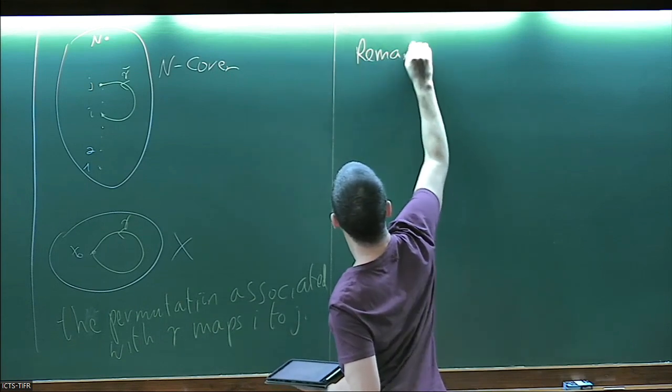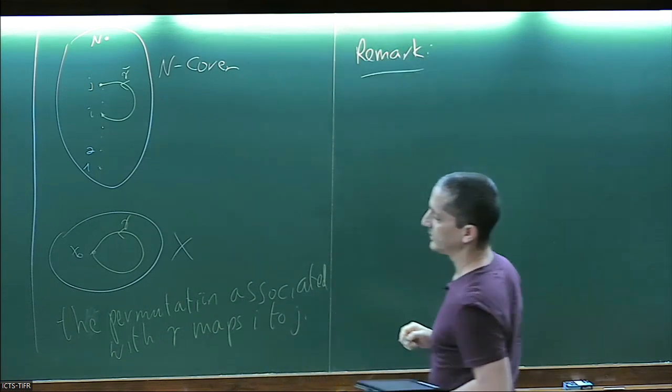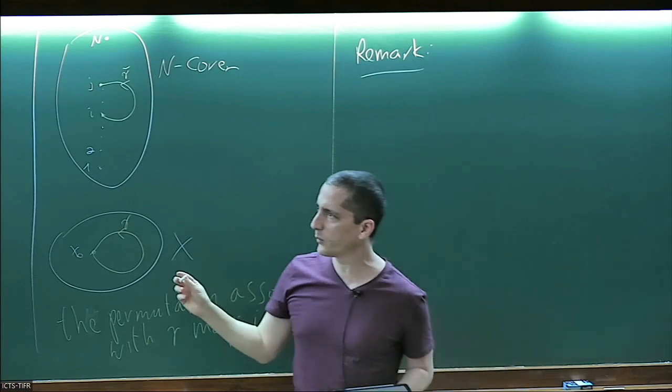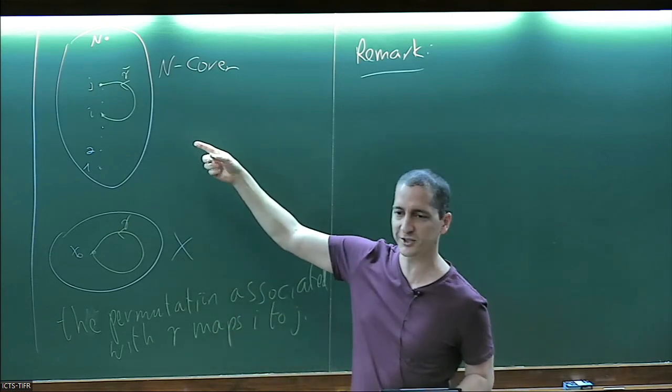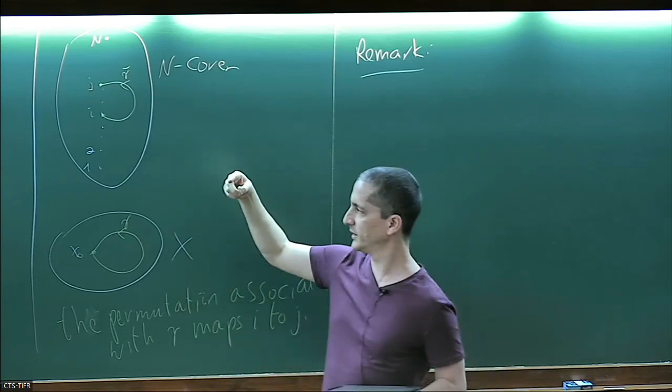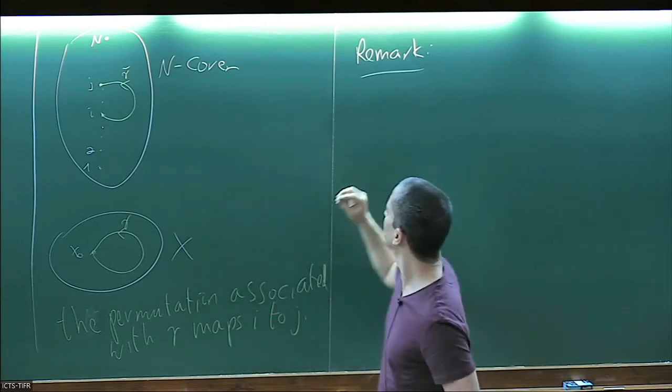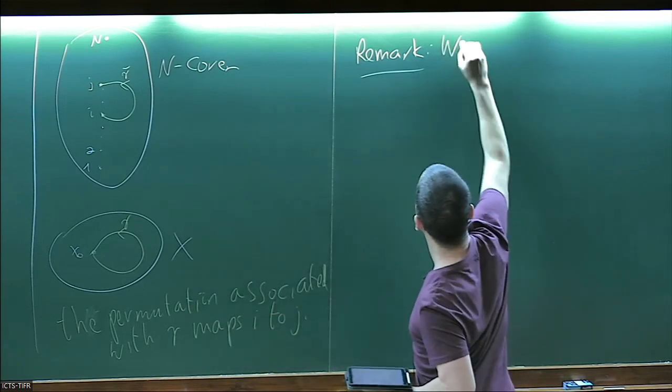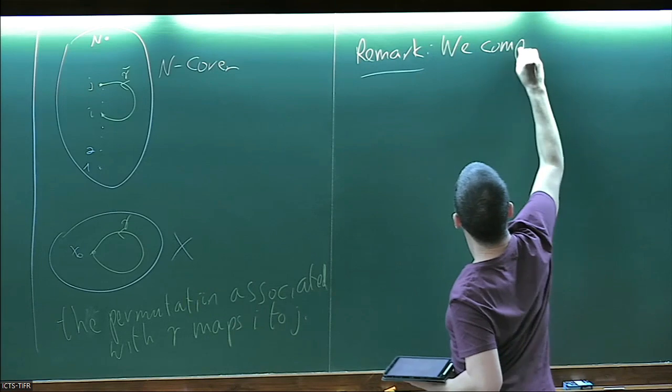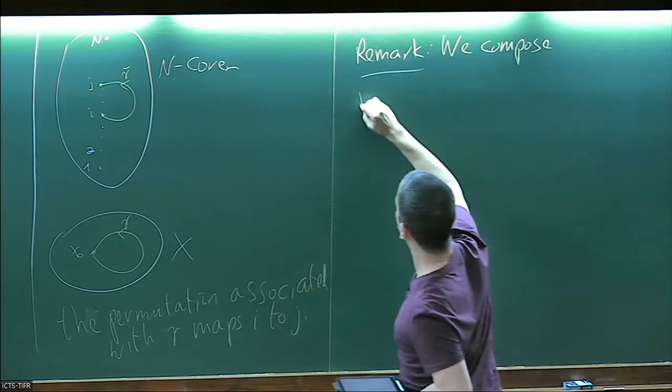For this to be a homomorphism, the way we are going to multiply permutations is from left to right. Okay, so we compose permutations.